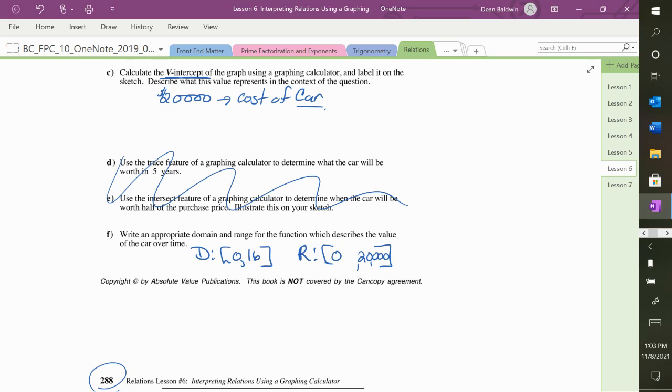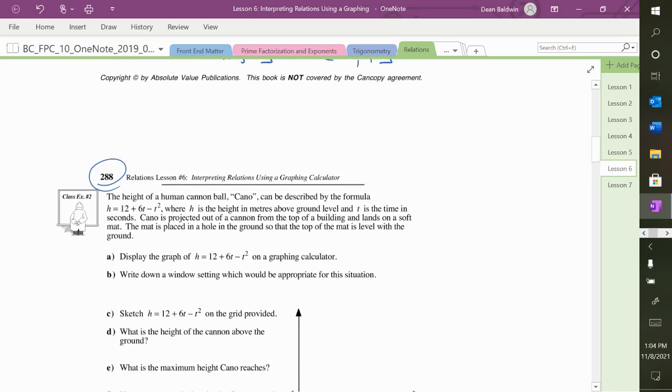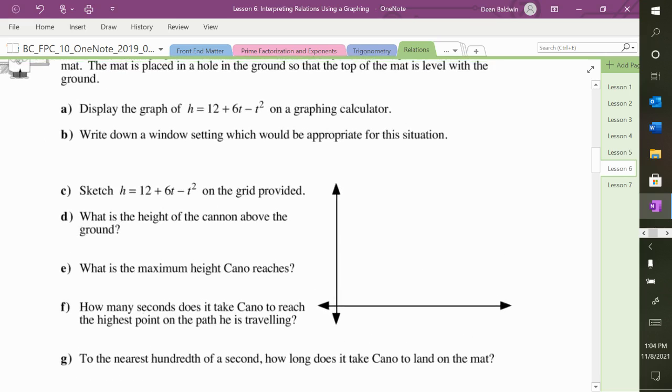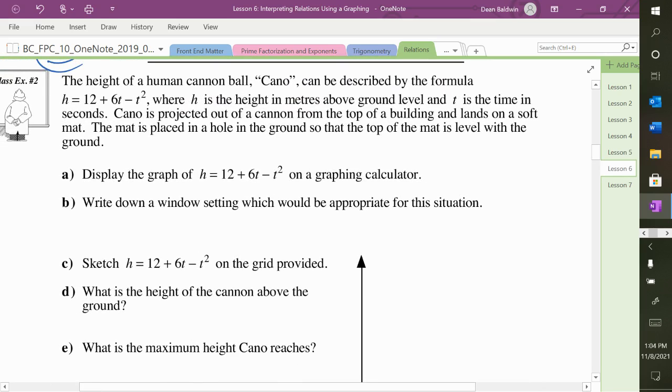Okay, now I'm scared of this next one. All right, flip the page, please. This is why I'm scared. We're going to enter this into Desmos. So what is your x value? What is your y value in this equation? This is what you're going to enter.